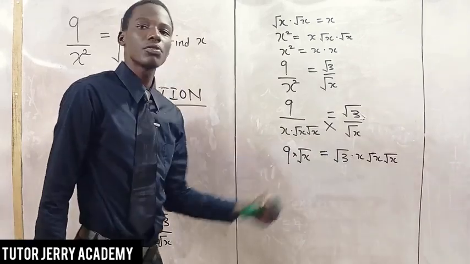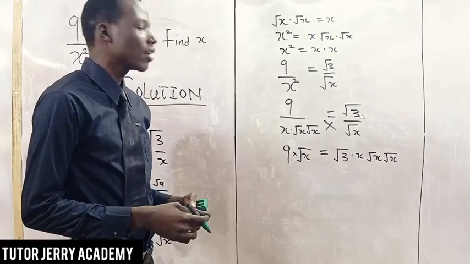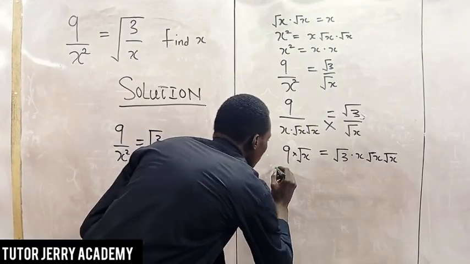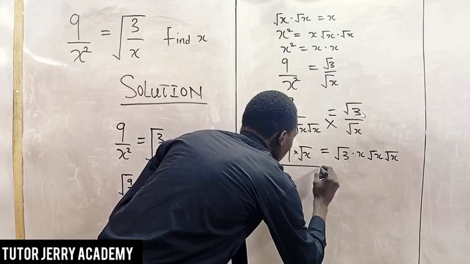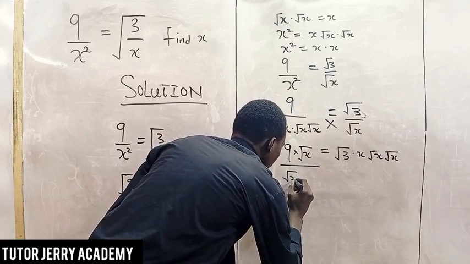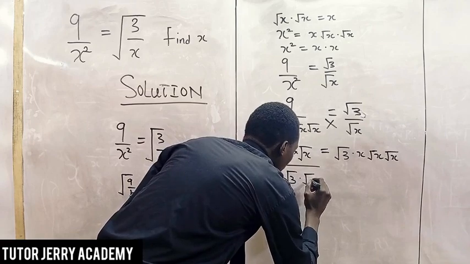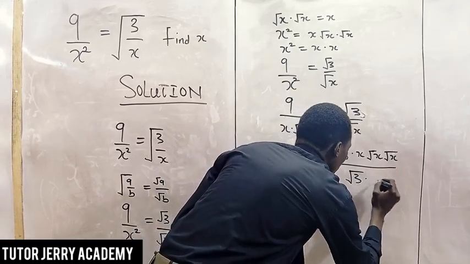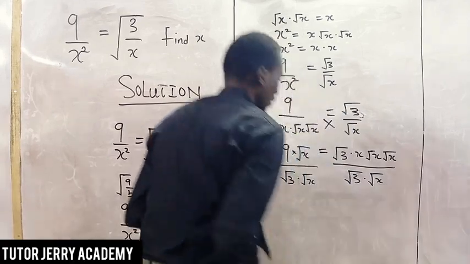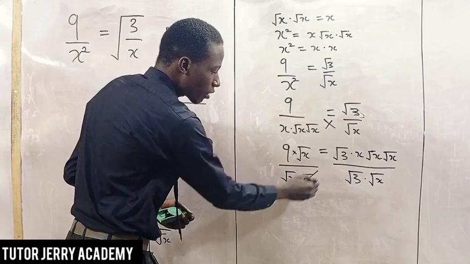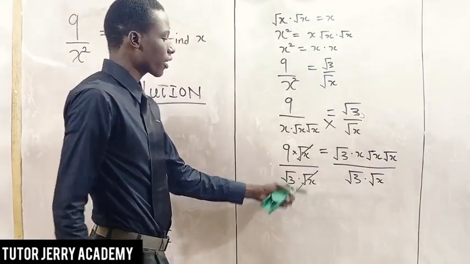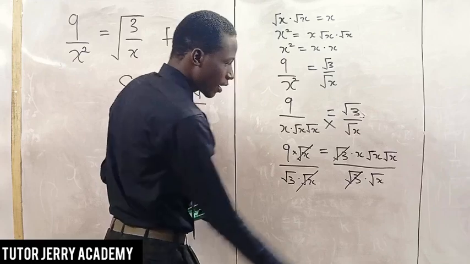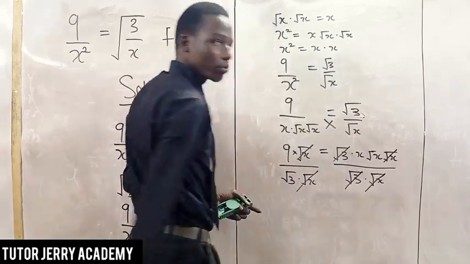So we are going to be dividing through this equation by the square root of 3 multiplied by the square root of x. If we divide through, the square root of x will go with the square root of x, the square root of 3 will go with the square root of 3, and the square root of x will go with the square root of x.